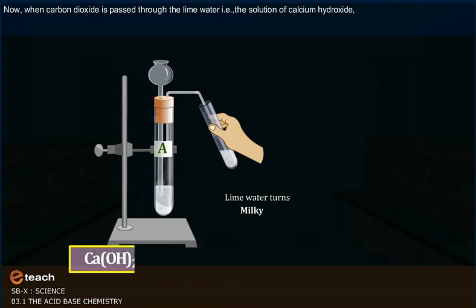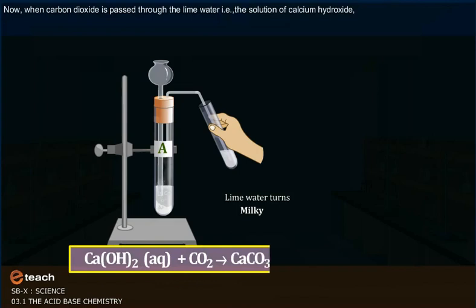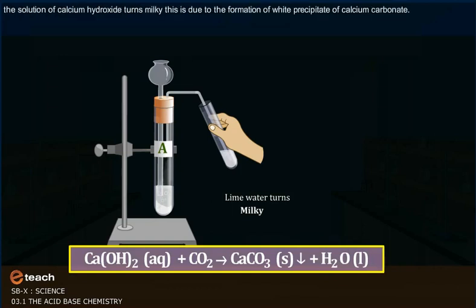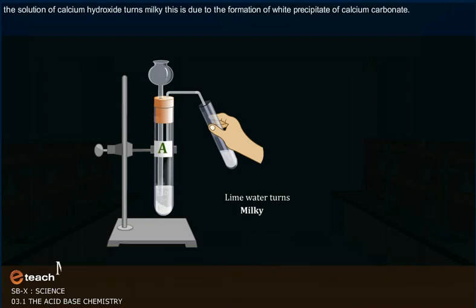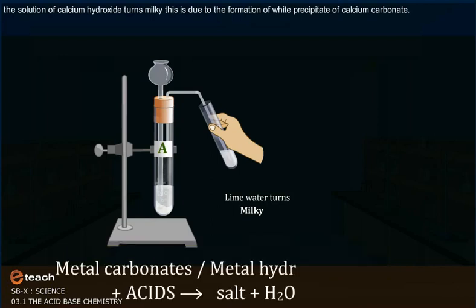Now, when carbon dioxide is passed through lime water, that is, the solution of calcium hydroxide, the solution of calcium hydroxide turns milky. This is due to the formation of white precipitate of calcium carbonate.